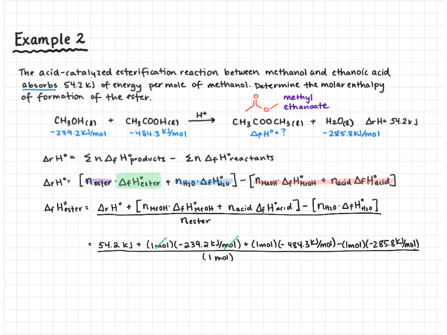So again, even though the 1 doesn't make a difference, it's good practice just to make sure that everything cancels and we end up with the correct units. So our final answer here is negative 383.5 kilojoules per mole.